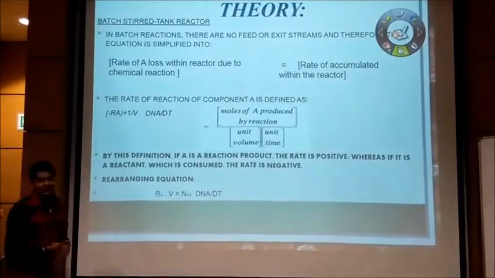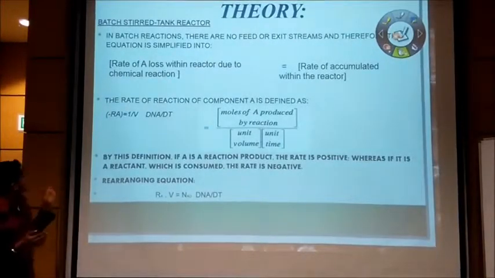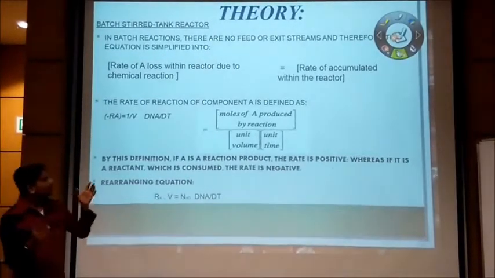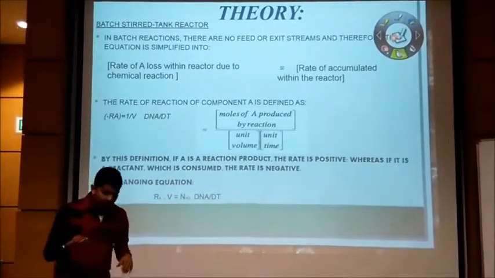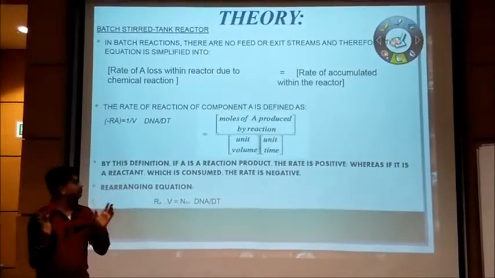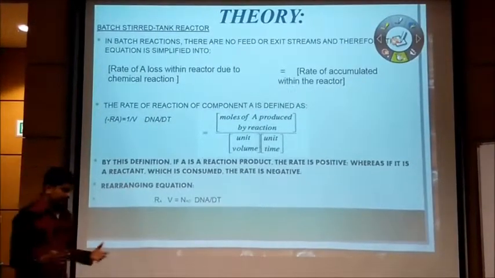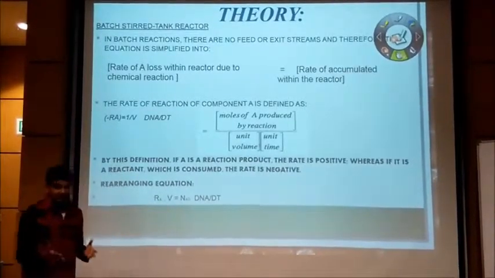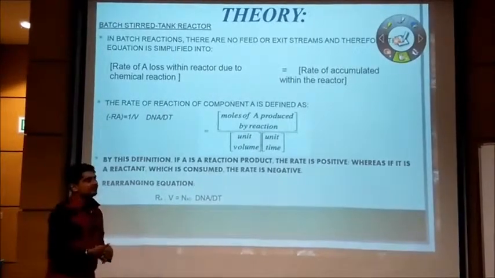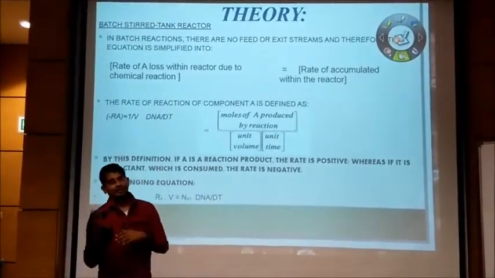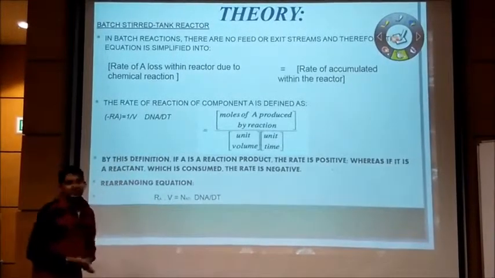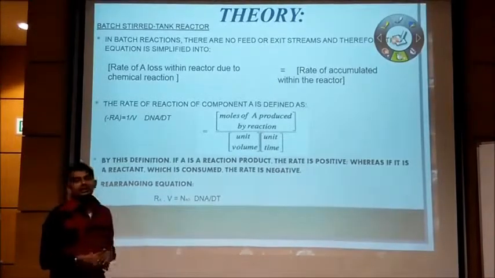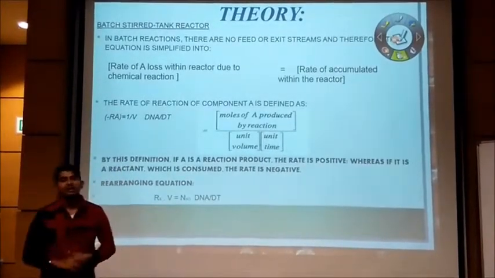The rate of reaction of component A is defined as negative rA equals 1 over V times delta nA over delta t, which is moles of A produced by the reaction divided by the volume times time. By this definition, if A is a reaction product, the rate will be positive, and if A is a reactant which is consumed, the rate will be negative. So rearranging the equation, rA times V equals delta nA over delta t.